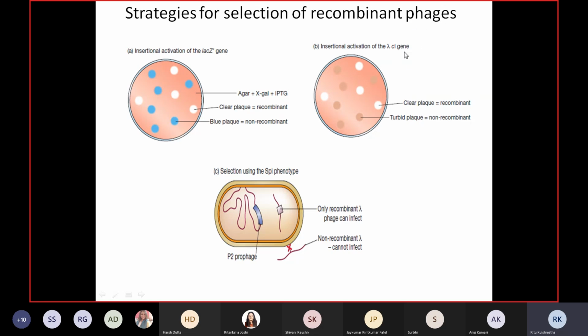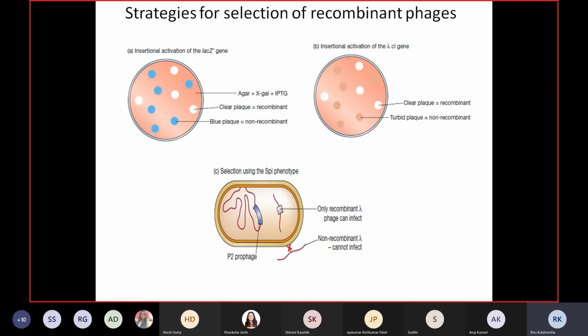If you use the cI gene, for insertional inactivation, the recombinants will be in the form of clear plaques and the non-recombinants will give turbid plaques, and similarly in the case of lacZ-based selection. Now there is a third method that is also used in some cases, which is selection using the Spi phenotype.